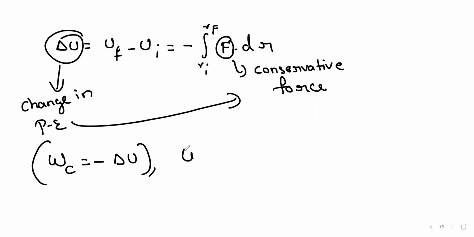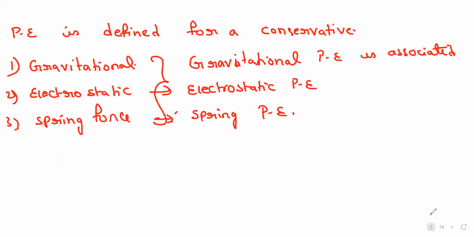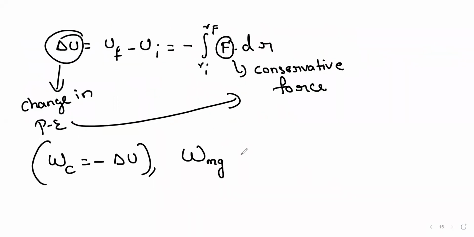Suppose work done by weight. Weight is a gravitational force, so it is a conservative force, because gravitational force is nothing but weight, mg. So I can write the work done as minus delta U of gravity. What is delta U?